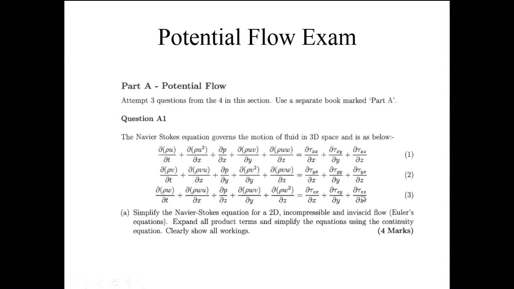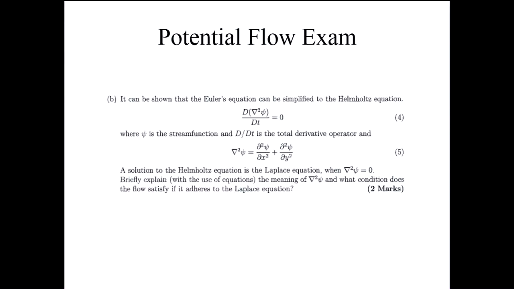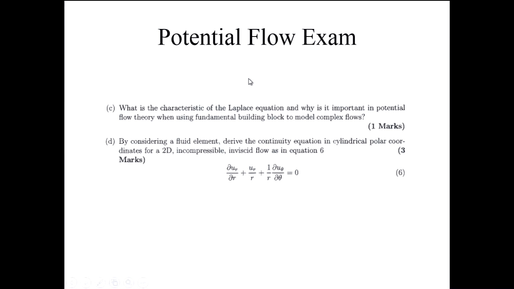So this part really closely follows the lecture slides and lecture notes, so make sure you're comfortable with all the derivations. This is just to simplify the Navier-Stokes equation and get the Helmholtz equation out of it.